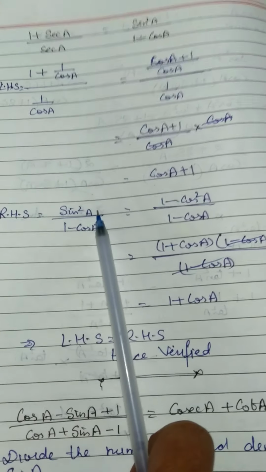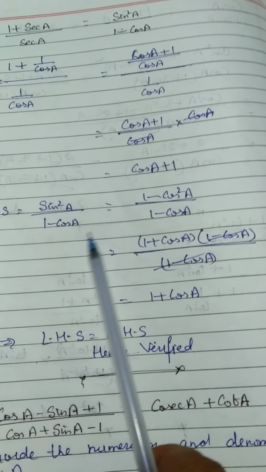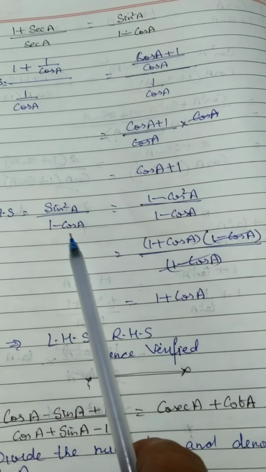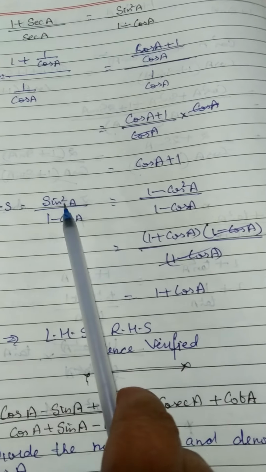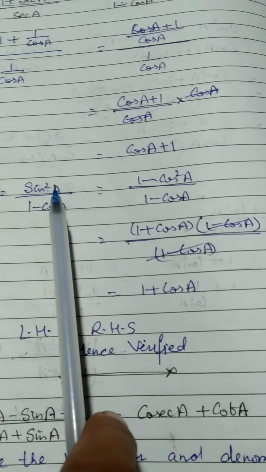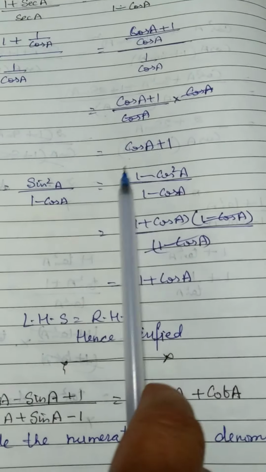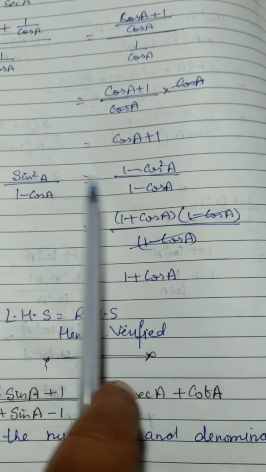The right hand side is sin square a upon (1 minus cos a). Now we are solving this. Sin square a can be written as 1 minus cos square a, because we had the identity sin square a plus cos square a is equal to 1. Which identity have we used?